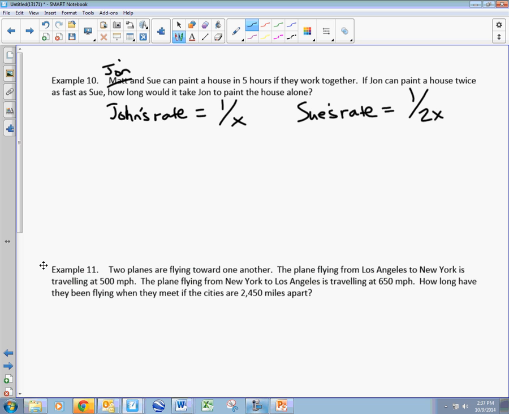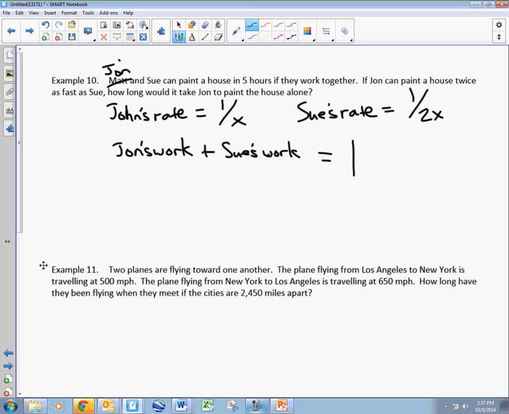So we've got that all set up. So how many houses did they paint? They painted one house. So we need John's work plus Sue's work, and that should be equal to 1.